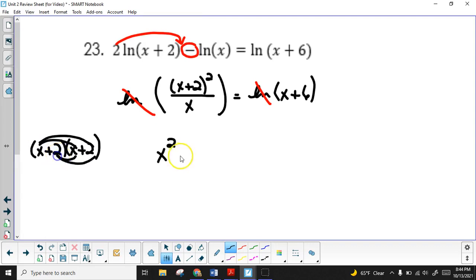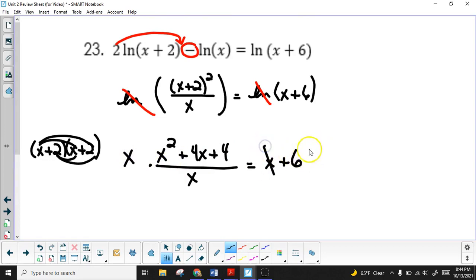So we'll end up with x squared plus 4x plus 4 divided by x equals x plus 6. On this top we can't factor an x out of everything, so we don't want to do that. What we want to do to get rid of this divide by x is multiply by x. If we multiply by x on the left-hand side, then we need to multiply by x on the right-hand side.